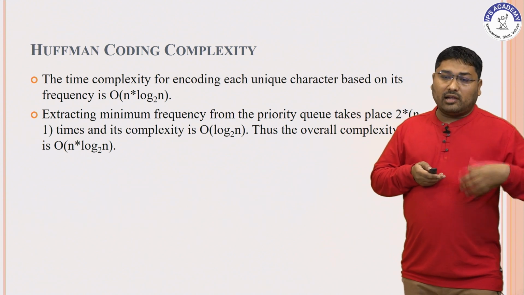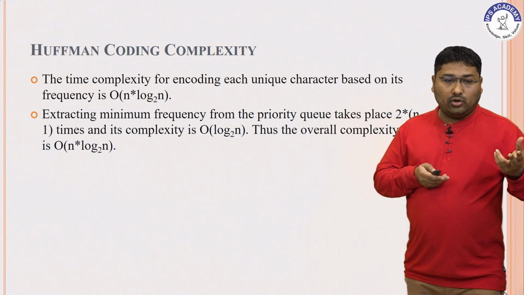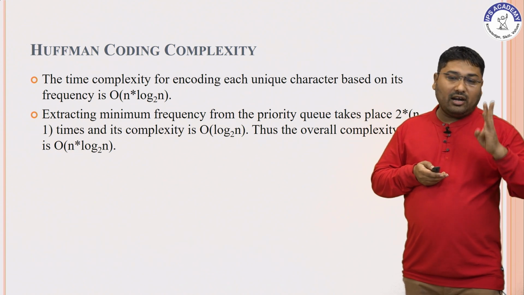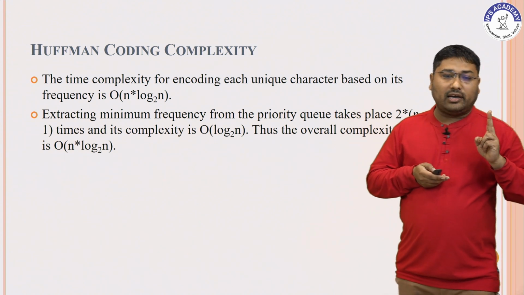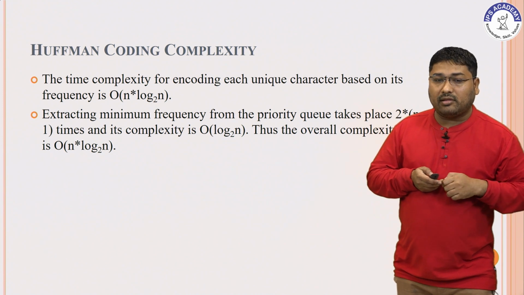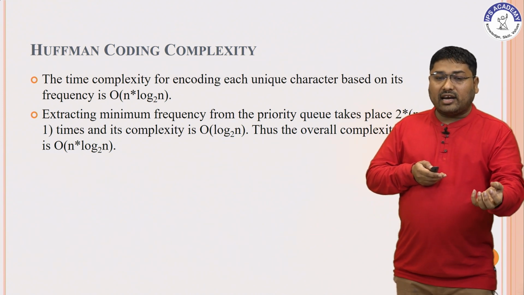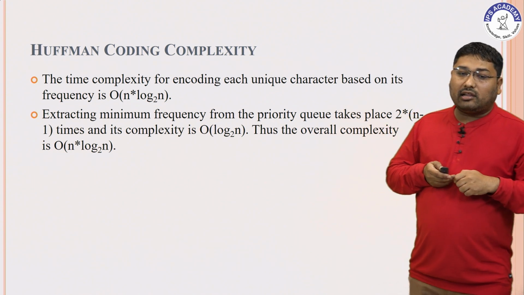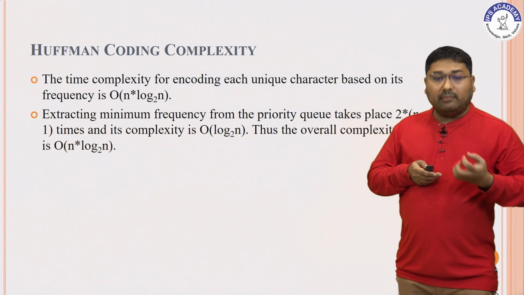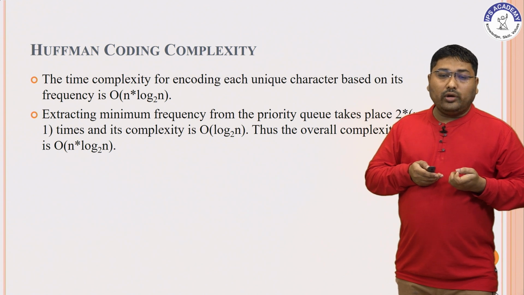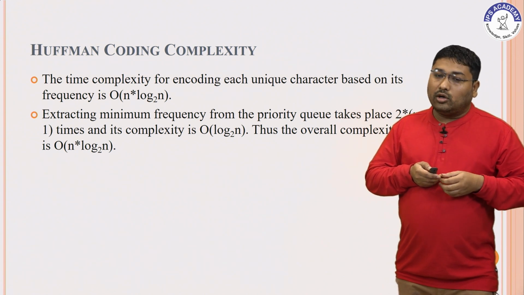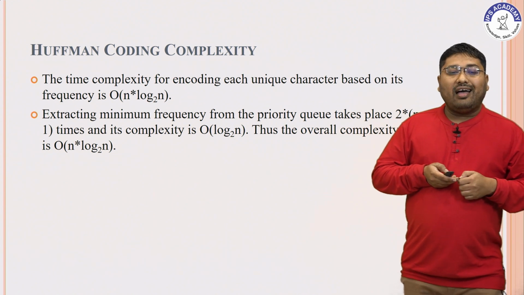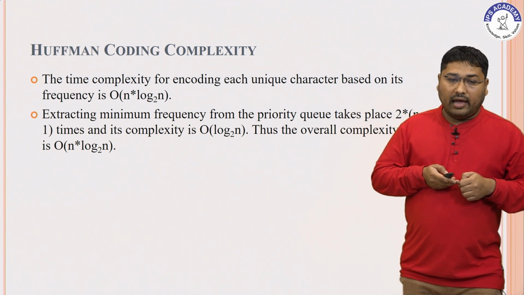Because these processes repeat, and we are required to select two minimum values, it takes 2 into n minus 1 times to extract the minimum frequency from the priority queue, and the time complexity is log n for extracting the minimum value, so it requires 2 into n minus 1 into log 2n. So the overall time complexity of this algorithm is big O n log n base 2.